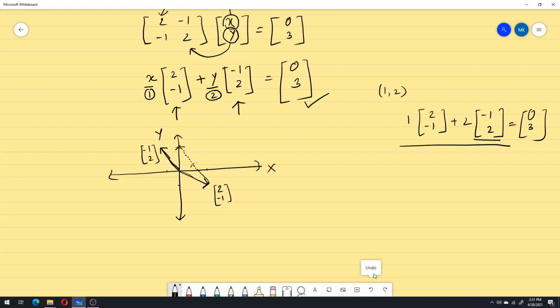This particular vector is twice the [-1, 2]. So the resultant vector goes from the origin to the tip of the other vector, right? So what is this point? This point is 0, 3, which is the solution.